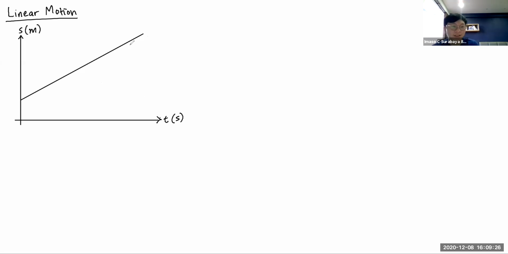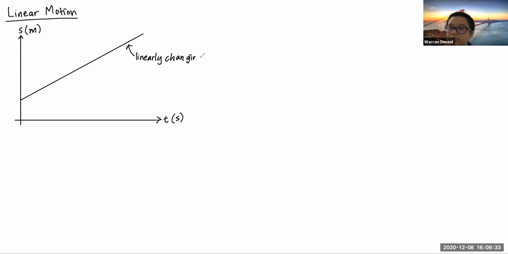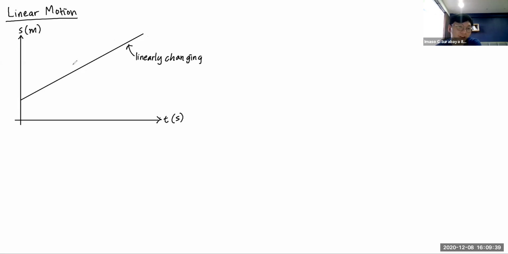So this line is linearly changing, right? Changing at the same rate. And in the previous meeting, I said that for a diagonal line like this, what is the gradient of this line?